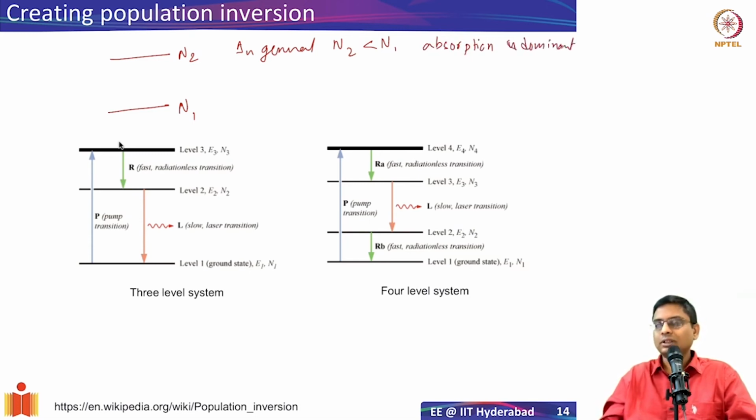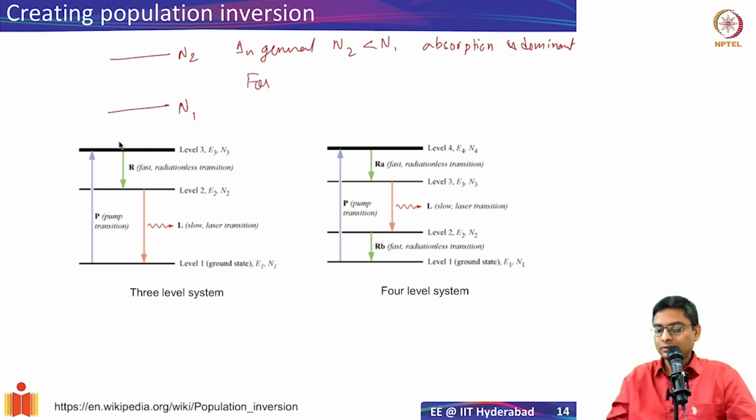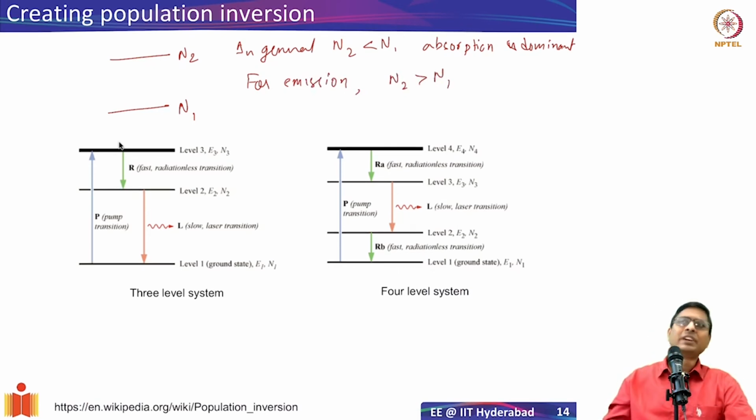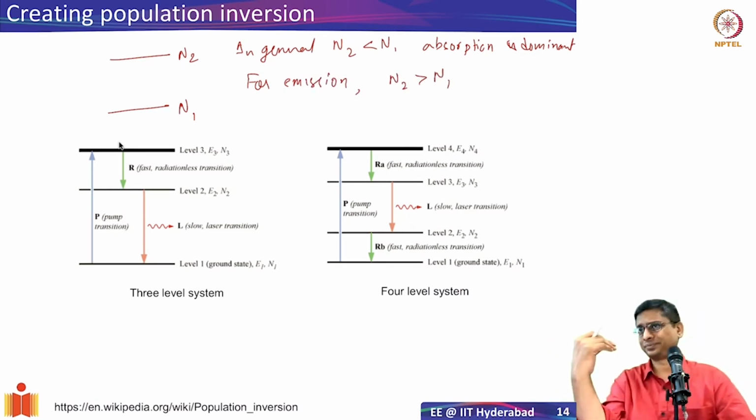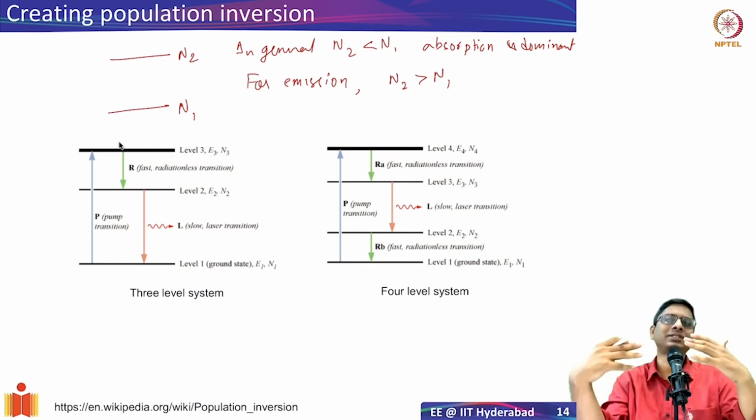Okay. When is emission dominant? Whenever you have a larger number of atoms in the excited state. For emission, N2 should be greater than N1. Then you have emission. When I showed you the photoluminescence data, we created N2 greater than N1 by pumping. We just shined a high energy beam so that the electron goes into a higher level.